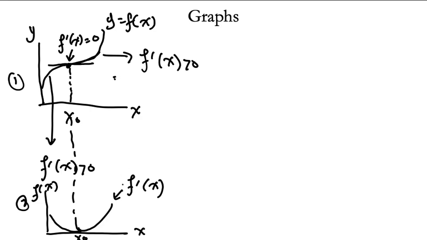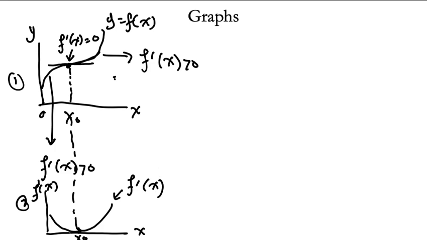When f prime x is equivalent to 0, you see the value 0 is here when x is x naught. And between 0 and x naught, f prime x is decreasing. After x naught, f prime x is increasing.